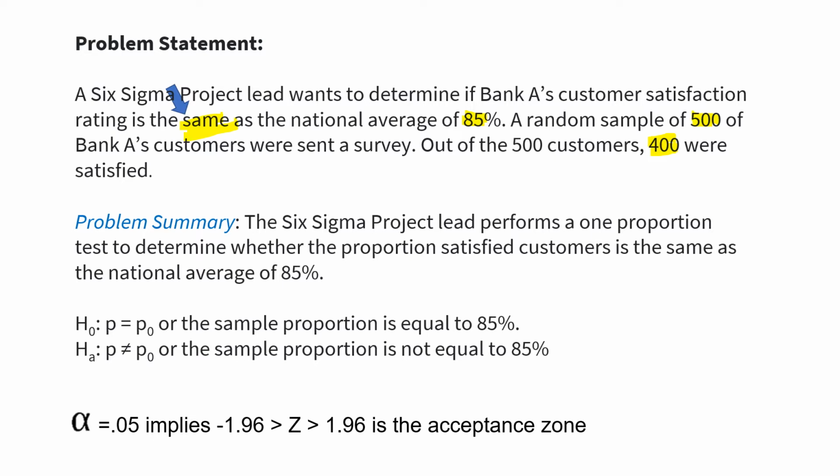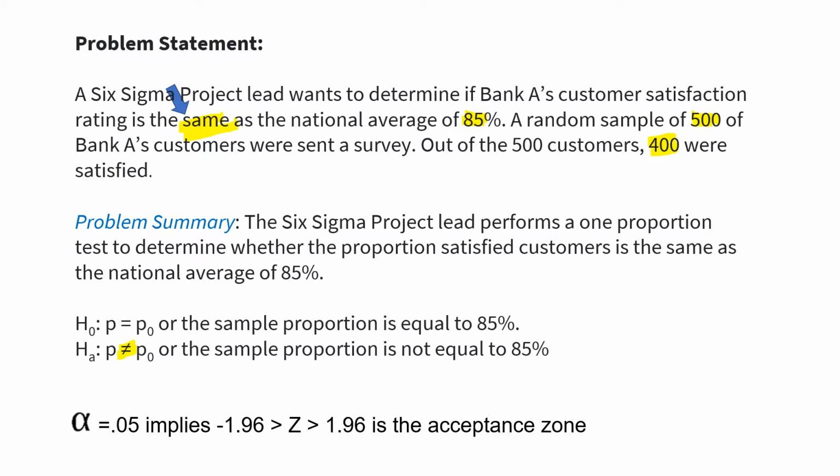Now, given the word same over here, what could be the opposite of same? It is not equal to. So here we are talking about not equal to. The other alternative could have been greater than or less than, in which case we would not have the alternative hypothesis as not equal to.